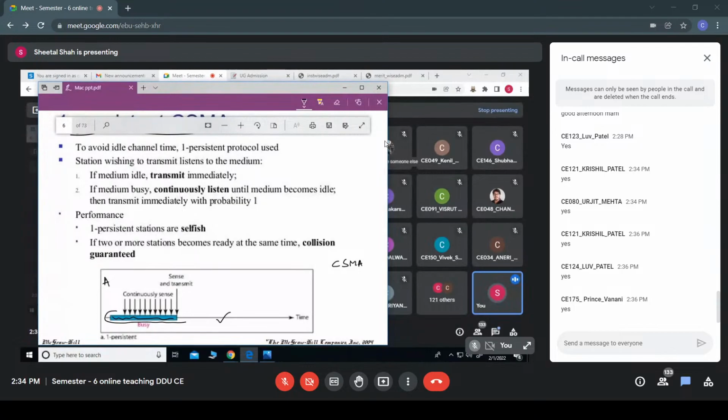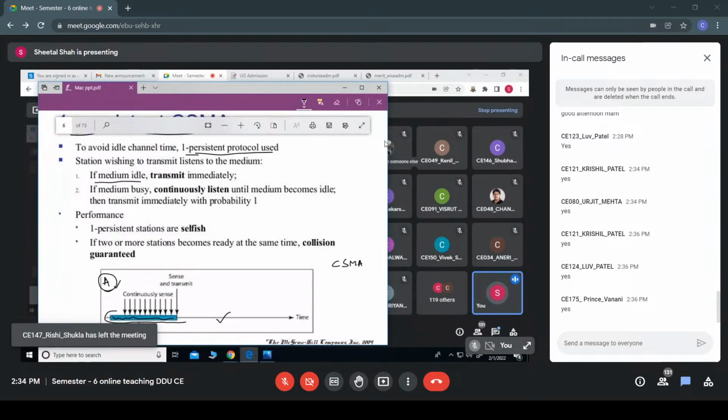As soon as it finds that the channel is free, okay, then it will start transmitting the frame which is there at station A. Okay. So you can see that to avoid idle channel time, we are using this one persistent protocol. We'll see as we go.